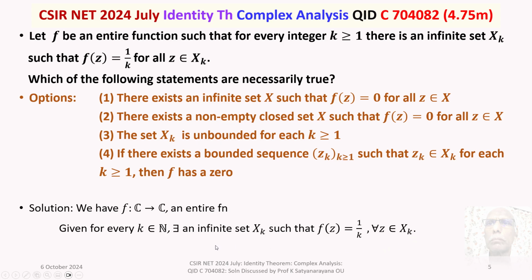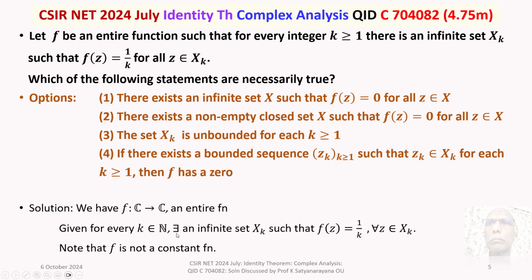Note down that f is not a constant function. It is a non-constant function. Agreed? So it means to say for k is equal to 1, there will be an X_1 such that f(z) is equal to 1 for all z belongs to X_1.